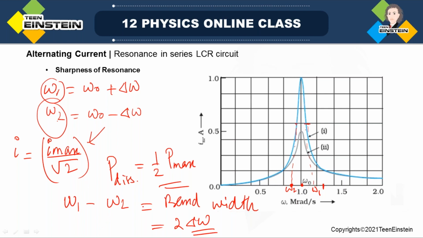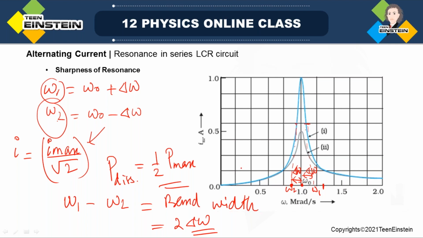This is one delta omega and this is another delta omega. Delta omega means the spread of frequency around the resonance frequency, and 2 delta omega is called the bandwidth.